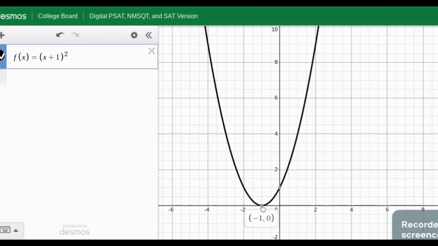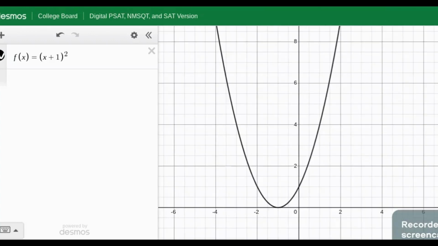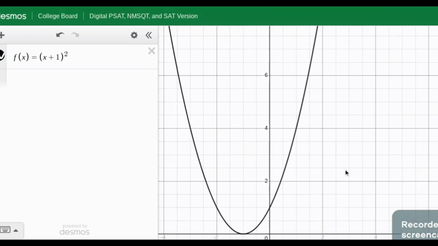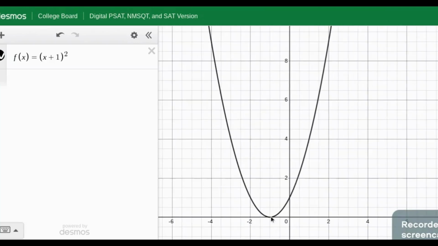So let's say we wanted to move over. I'm going to go by every marker right here: 1, 2, 3, 4, and 5. Just so we can make this a little bit clearer, how do I zoom in enough so that it's visible? As you can see, this is going to be 1.